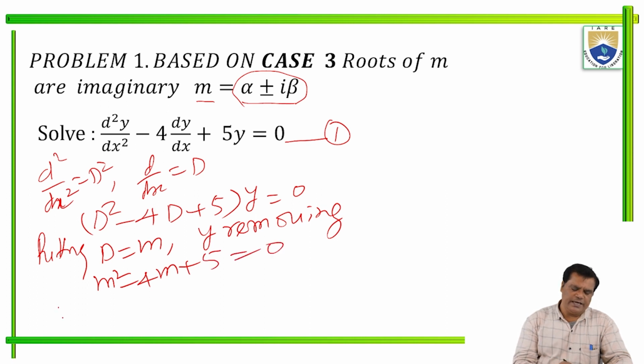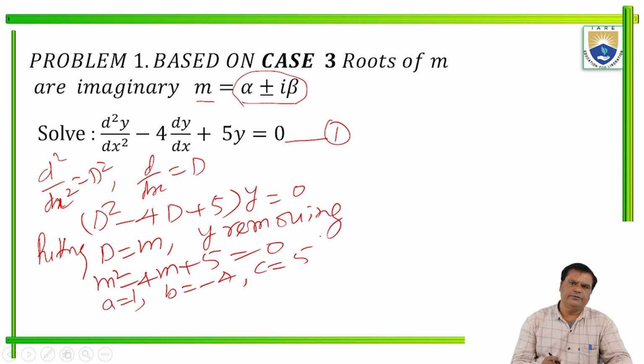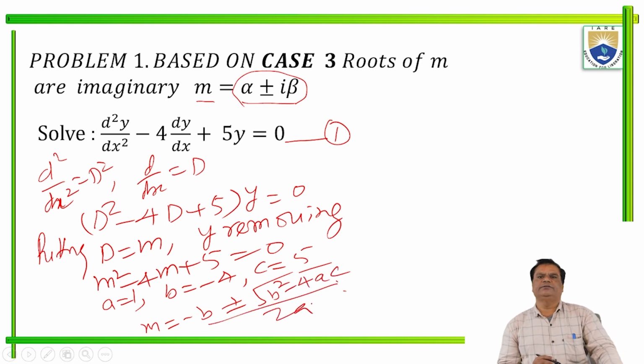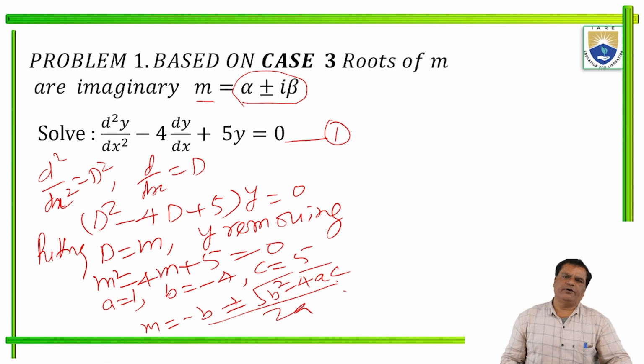Now solving this, m equal to, this is quadratic form. So here a = 1, b = −4 and c = 5. I am writing m = (−b ± √(b² − 4ac)) / 2a. This is known as the Sridharacharya formula.